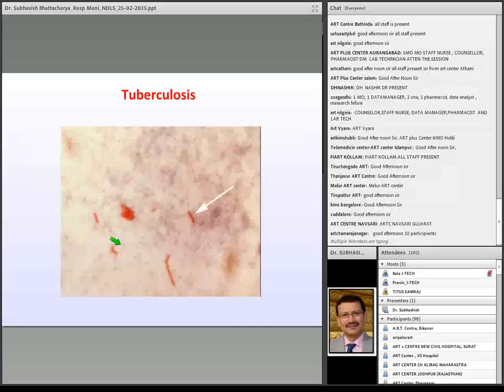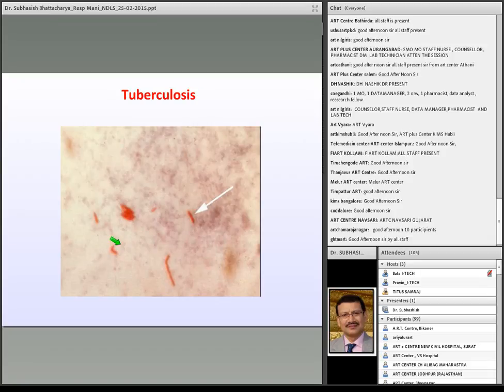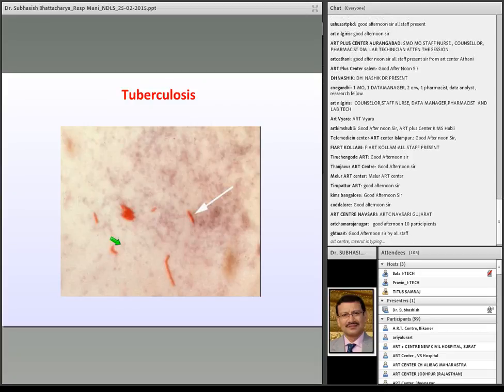This picture shows mycobacterium in a smear, but this presentation is not so common in tuberculosis in children with HIV, because bacterial isolation is sometimes difficult. But in lymph node tuberculosis, if we can take a smear or biopsy from the lymph node, there is a high chance of getting Mycobacterium tuberculosis.